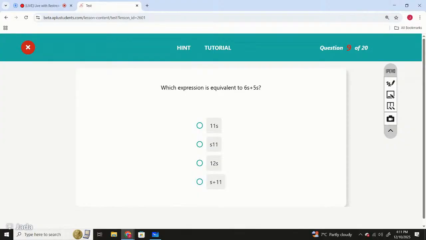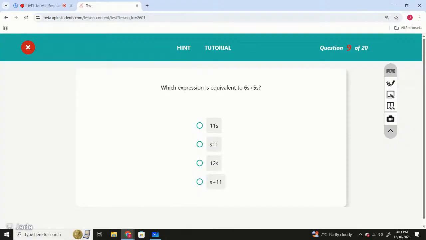Which expression is equivalent to 6s plus 5s? Both of them have the same variable, so we need to add them, right? We need to collect the like terms.